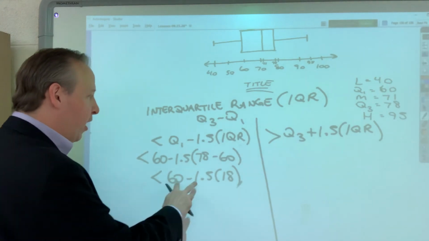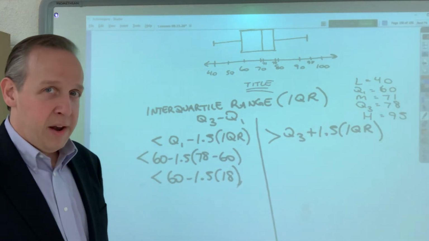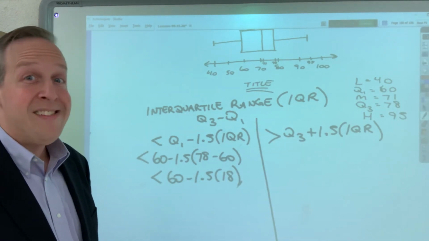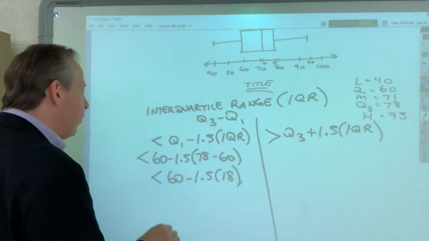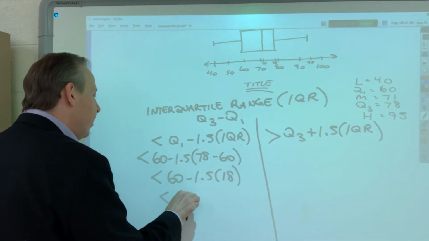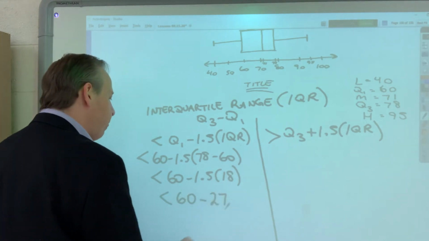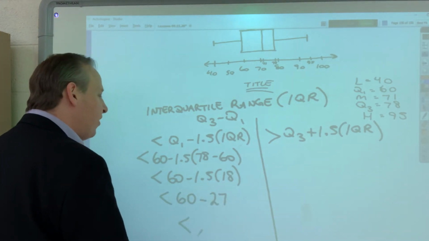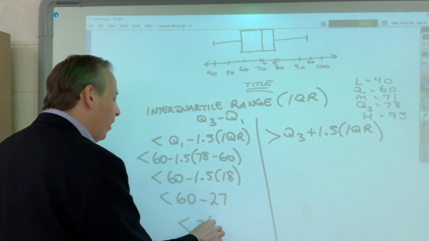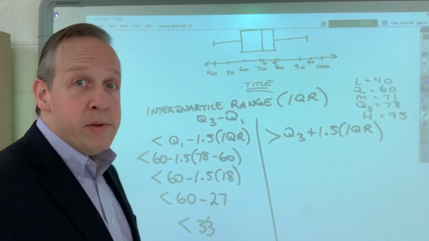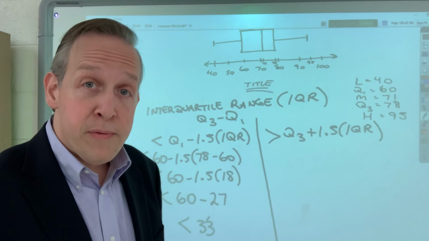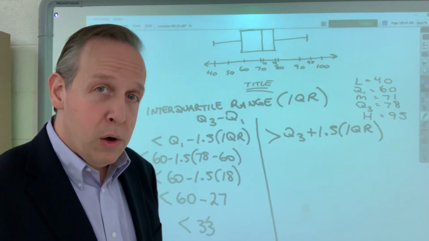Please tell me you're not going to say 60 minus 1.5 is 68.5. That's not what happens. We have to multiply before we subtract. 60 minus 1.5 times 18 is 27. So is there anything less than 33 in this distribution? The answer is no. The lowest number was 40. So there's no low outlier.